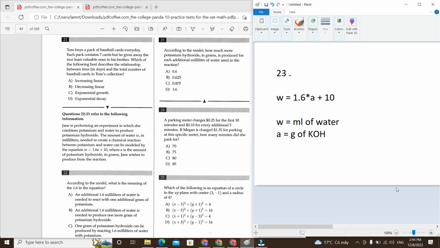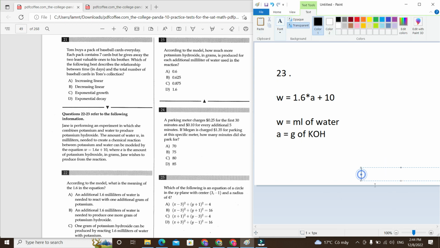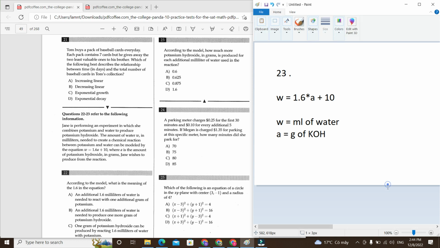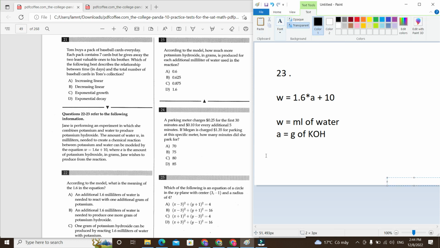So now, for example, W is not W anymore, because we add 1 milliliter of water, so W1 is equal to 1.6, still 1.6, times, let's say, A2 plus 10.